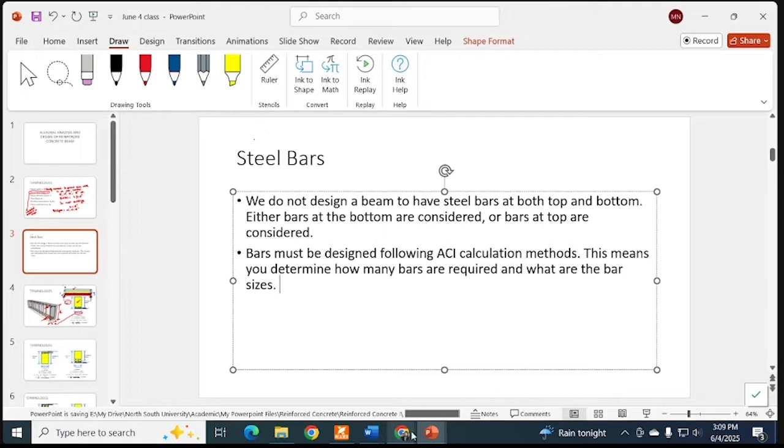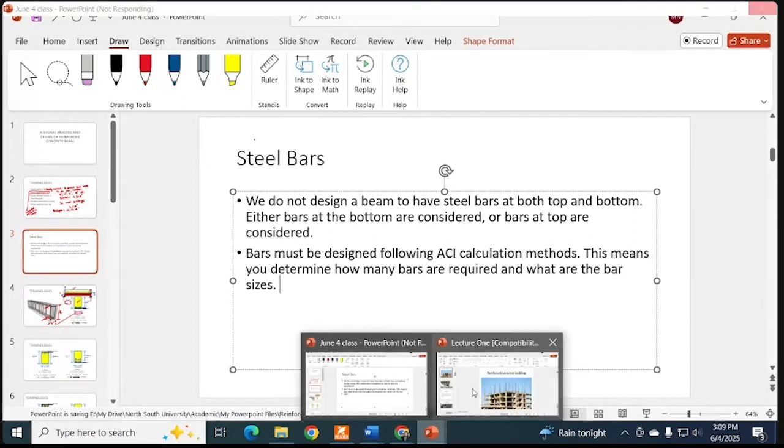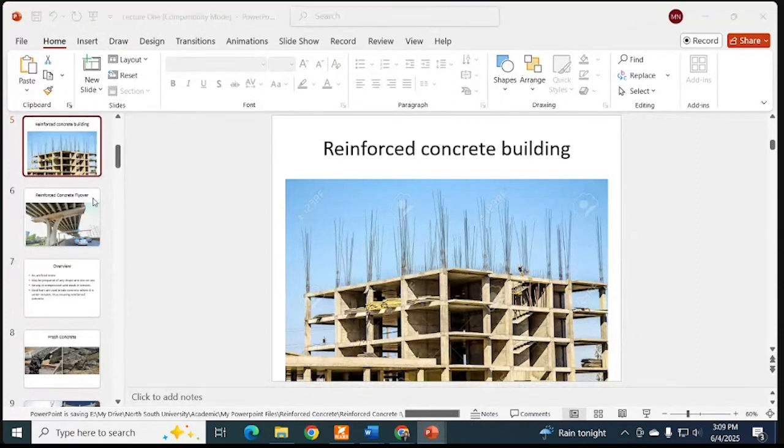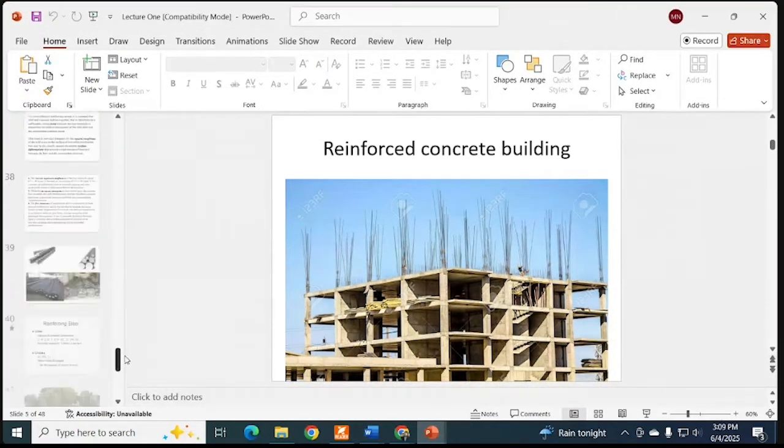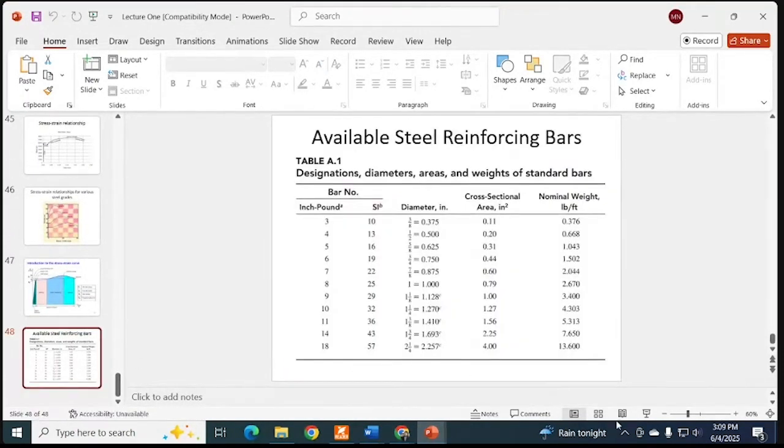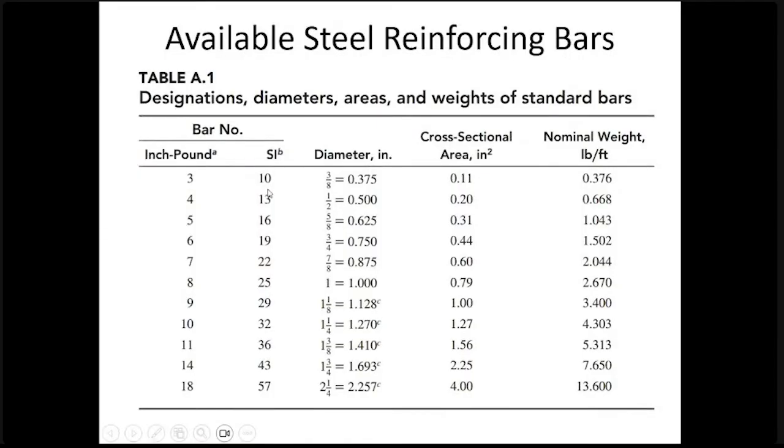So in our first lecture, I don't know how many of you cared for that, but it's very important. At the end of the slide, there was this table. I told you that these are the available steel bars. These bars are available in Bangladesh and in America as well, and in some other countries.